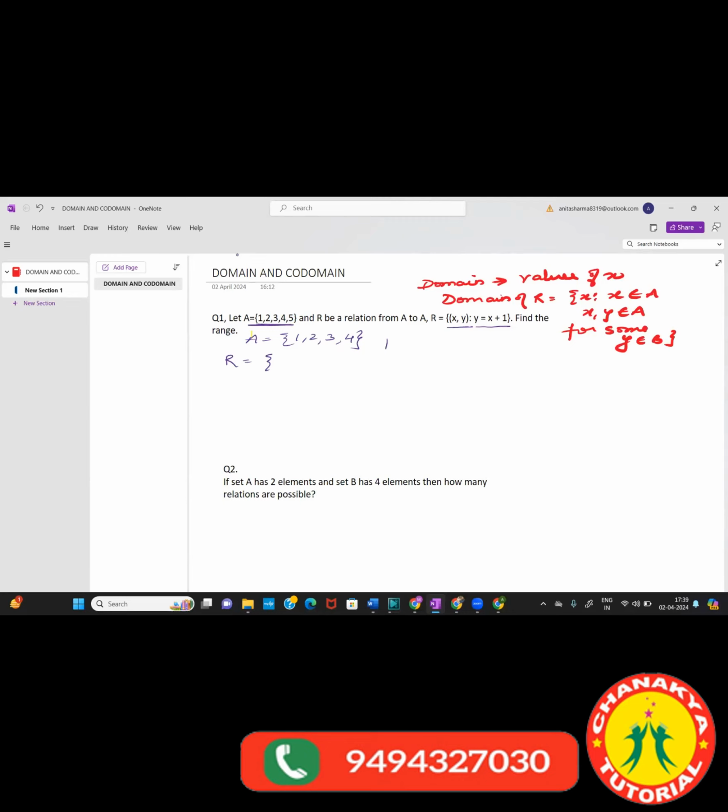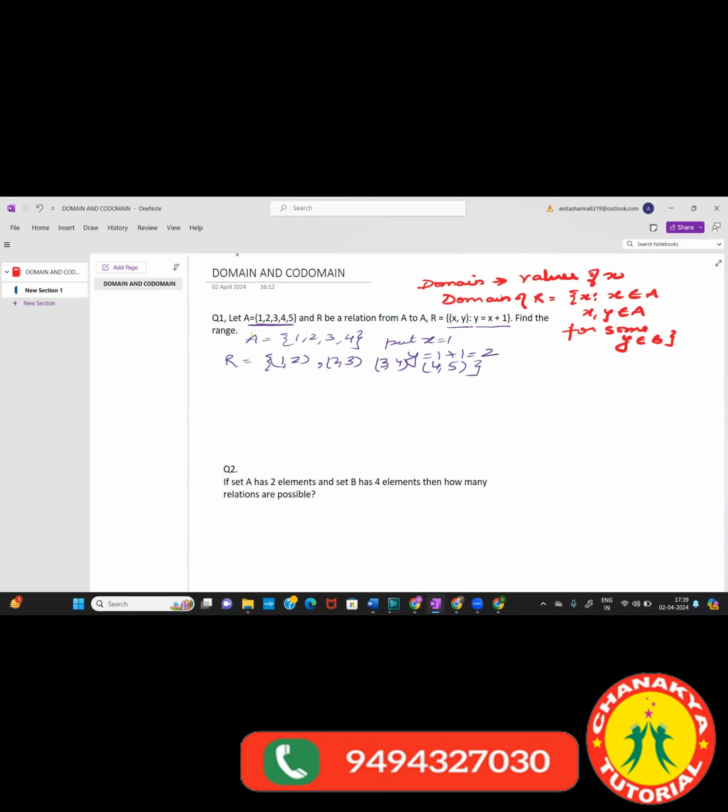So when you are putting x is equal to 1, then value of y is 1 plus 1, 2, beta. So your relation will be (1, 2). When you are putting 2, then your relation will be (2, 3). When you are putting 3, (3, 4), then (4, 5), and (5, 6) we can't write, right?